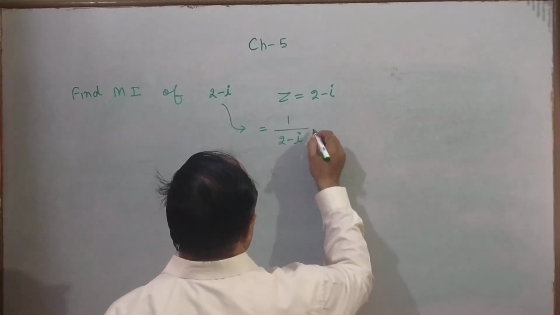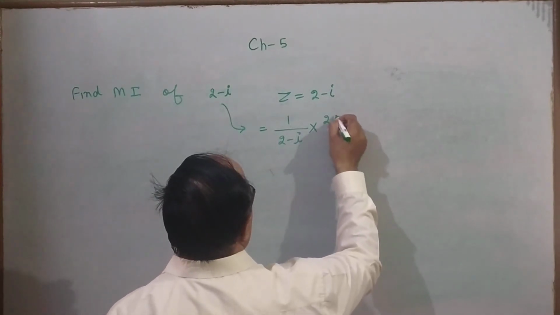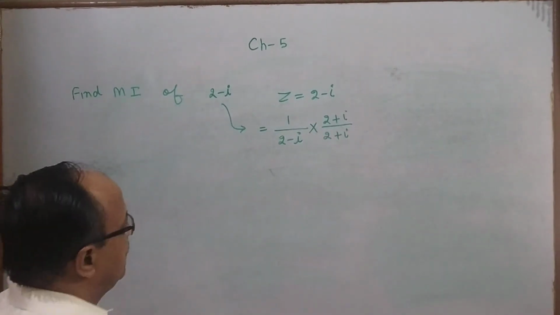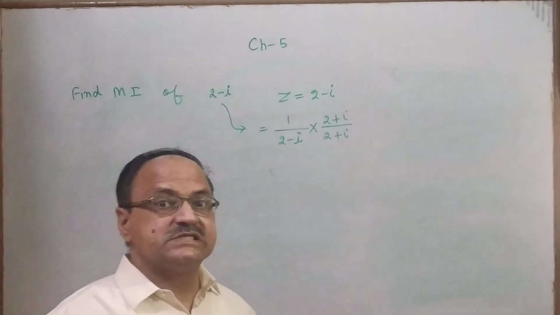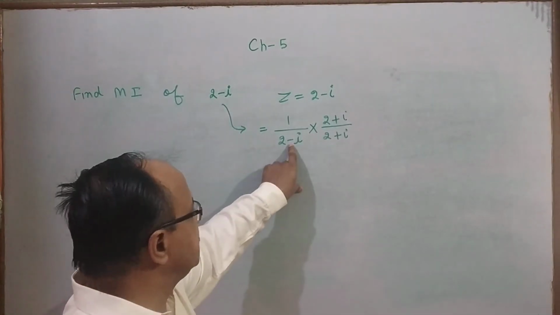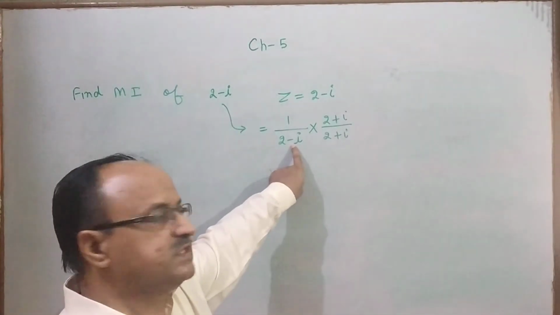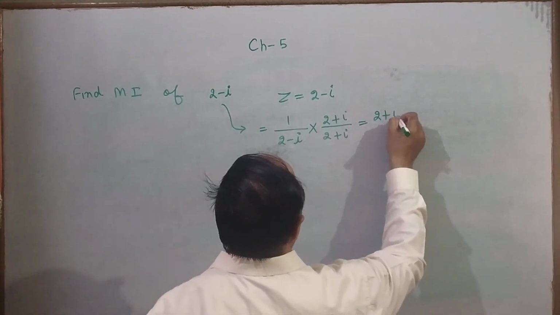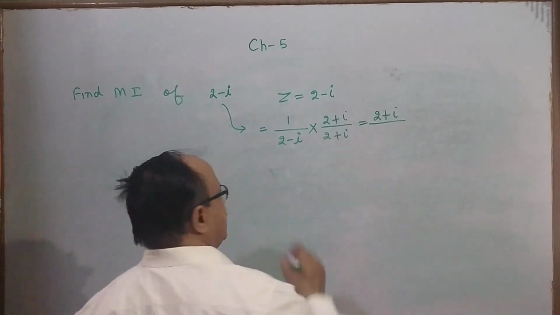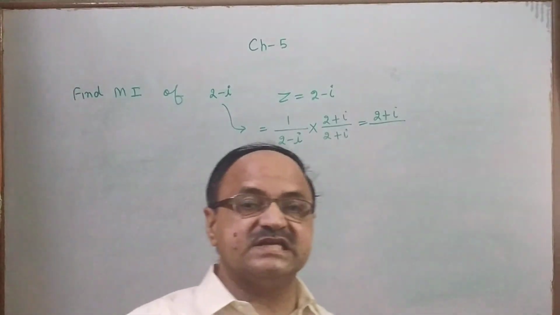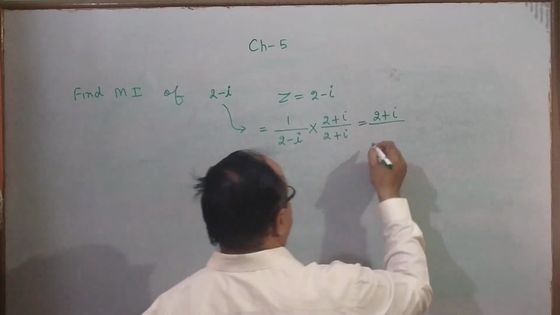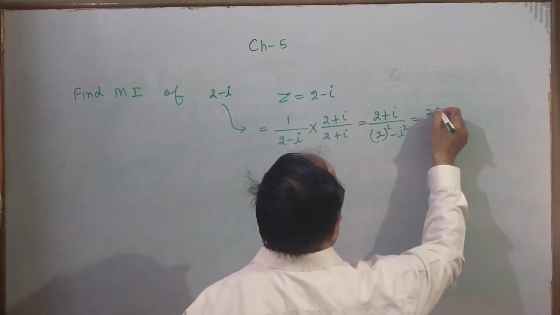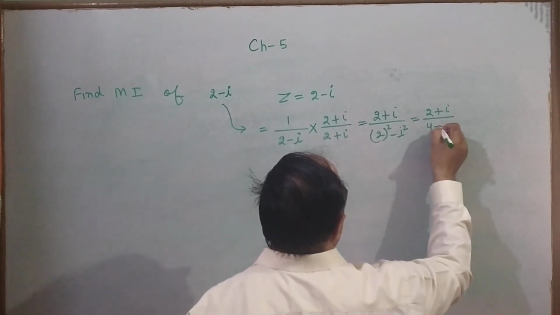Multiply numerator and denominator by 2 plus iota. Just change the sign of the imaginary part. When you multiply, 2 plus iota upon, apply the identity here, a plus b into a minus b, a square minus iota square. 2 plus iota upon 4.